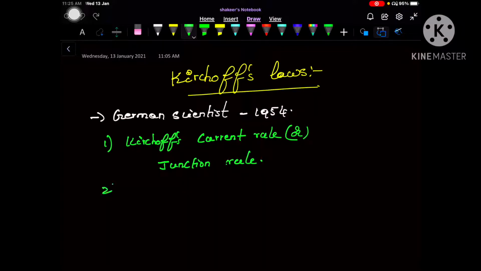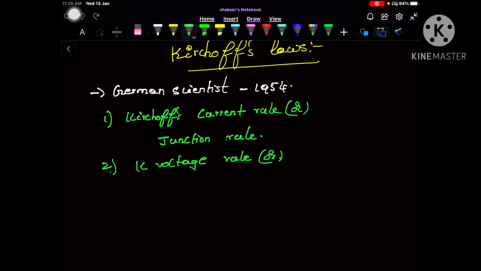And the second one is called Kirchhoff's voltage rule, or I can call it the node rule also, mesh rule also. I can call this one the voltage rule or mesh rule. Clear? So these are the two rules which are framed by Kirchhoff.